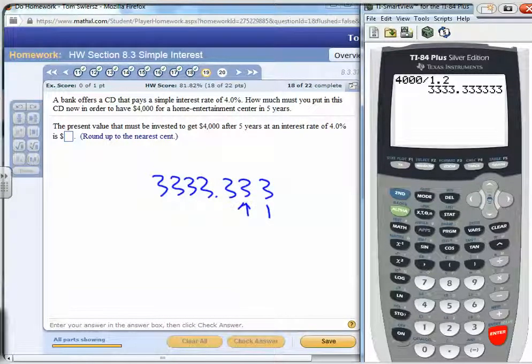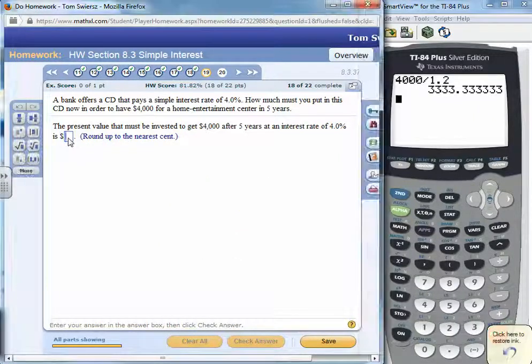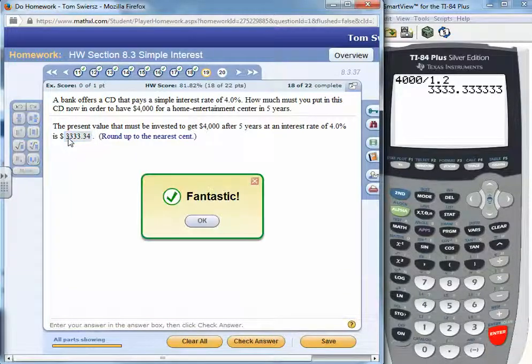There it is. We go up no matter what, even though it's a 3. So $3,333.34 because of rounding up. All right, let's put that into MyMathLab to make sure we're correct. $3,333.34. Very good.